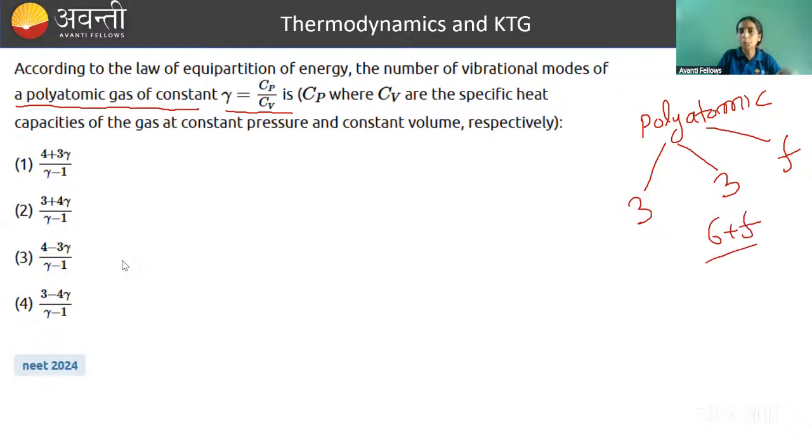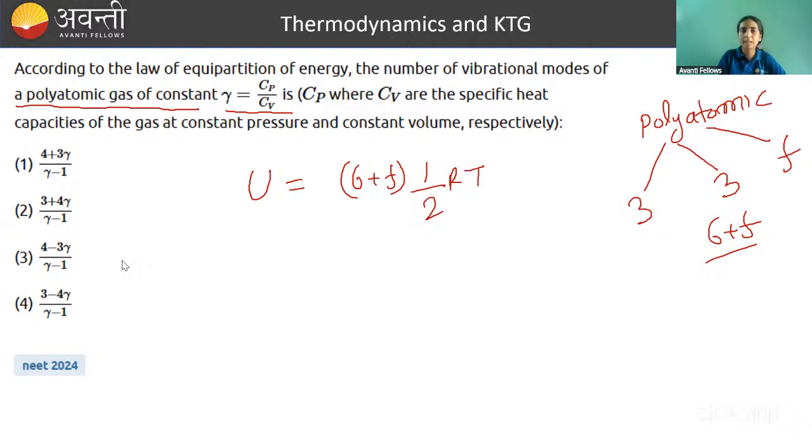So what will be the total internal energy of the gas? The degrees of freedom are this much. One degree of freedom is how much energy for 1 mole? That is half RT. So 6 plus F degrees of freedom में कितनी energy होगी? 6 plus F into half RT. So this is the total amount of internal energy of this polyatomic gas.